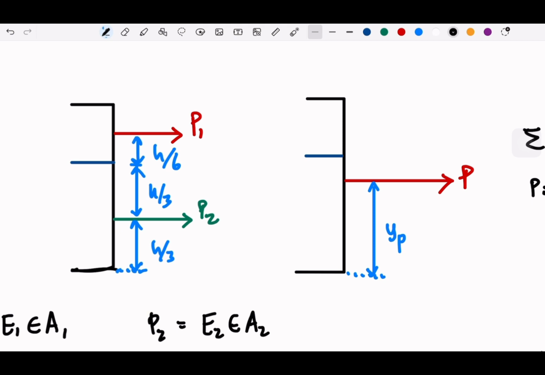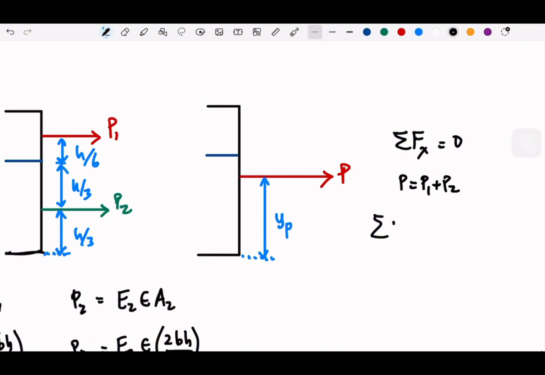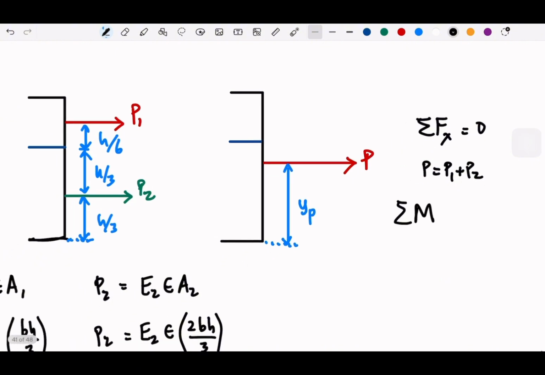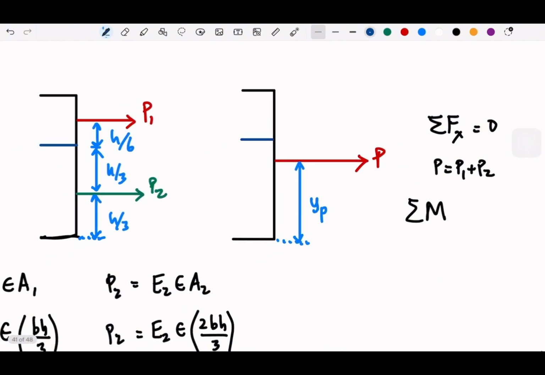So first, we take the sigma M, and let's just take the bottom point as our point of view. So take this as a positive moment and take this equal to 0.